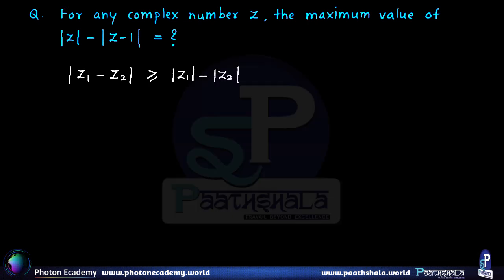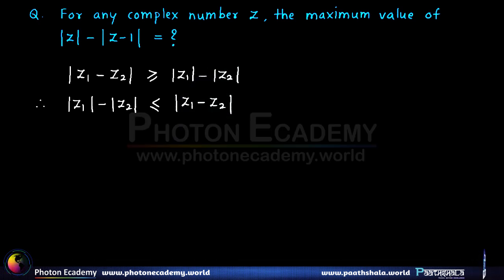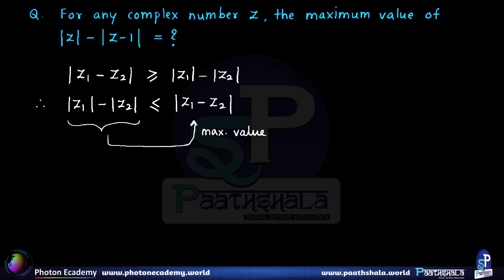So if we just rewrite this, we can say that mod of z1 minus mod of z2 should be less than or equal to mod of z1 minus z2. So we are just interchanging the two sides of the inequality. So in other words, the maximum value of this particular left hand side is equal to this.